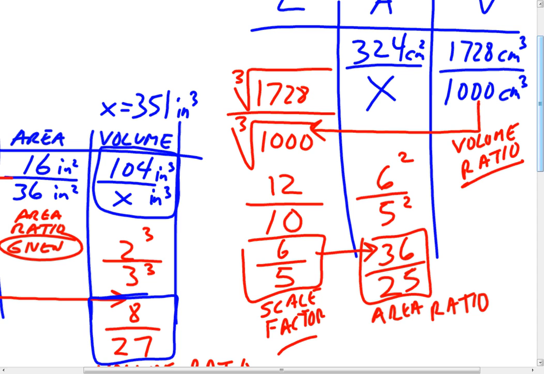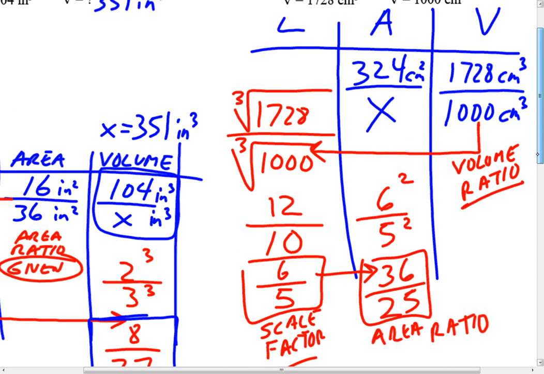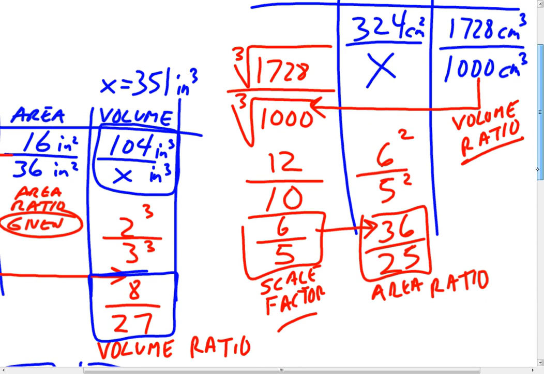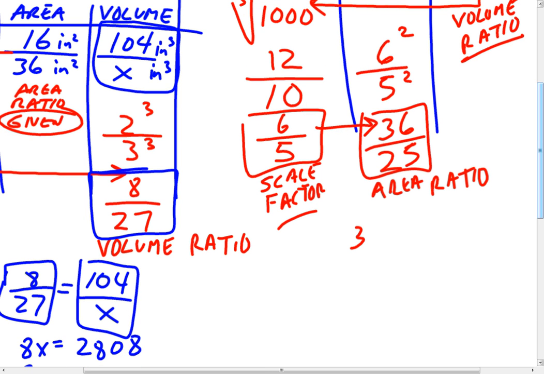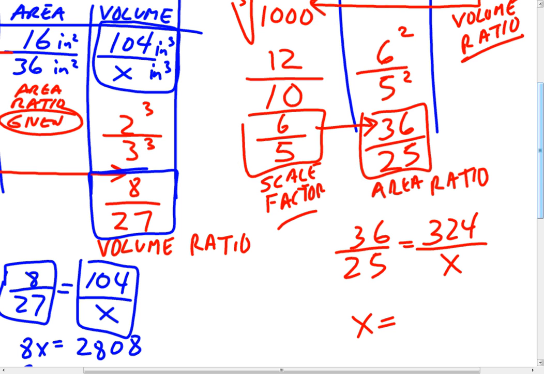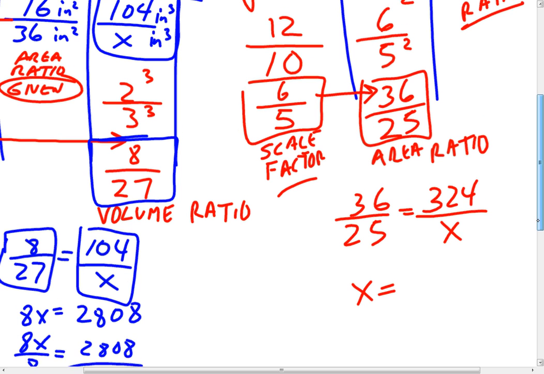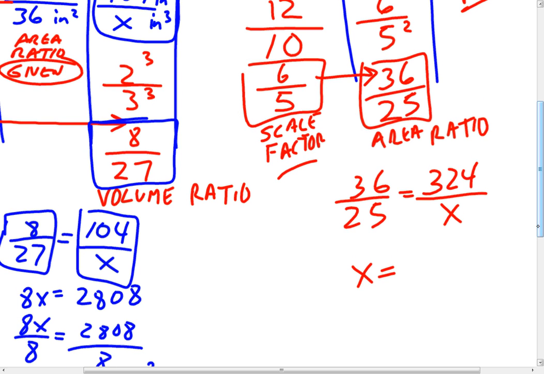That's nice, but it still hasn't gotten me my surface area yet. And I use my incomplete ratio and my newly found ratio. I will let you figure out the rest.